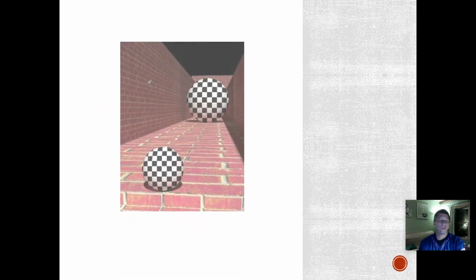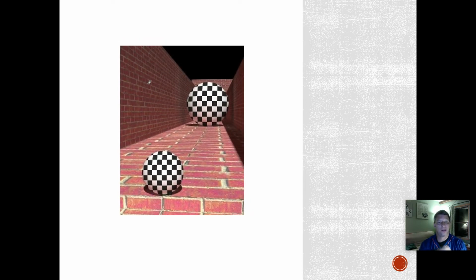Okay. All right. So this is a depth perception question here. You've got a pair of checkered balls, and they're sitting in a slot of some sort made of bricks. And if you look very carefully, you can see that the two parallel walls of bricks look like they're converging in the distance.